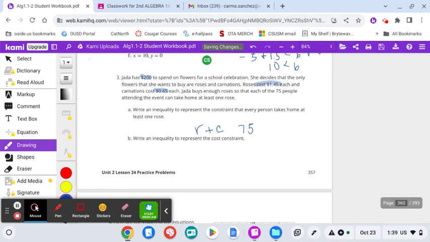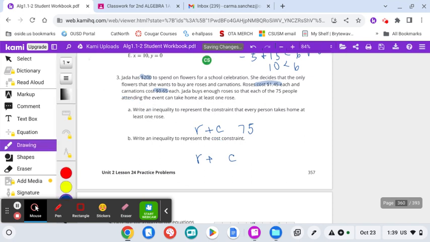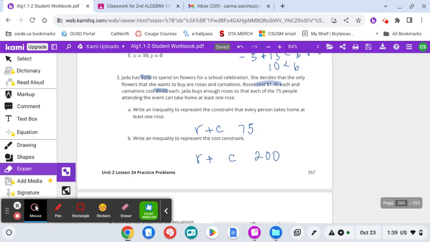What do you think? And then down here is going to be the money one. How much per rose? How much per carnation? And how do we say only $200 to spend? So what's going to go with the R? What's going to go with the C? And what symbol are you going to put there?